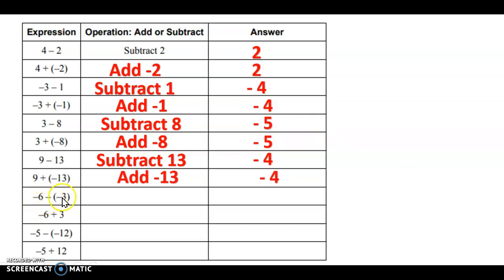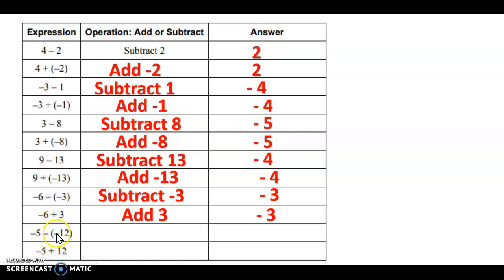Now 6 negatives take away 3 negatives. So this one, if you have 6 negatives and you take away 3 negatives, you end up with a -3. If you do it as addition, -6 plus 3, different signs, subtract. There's more negatives, so we end up with a -3.